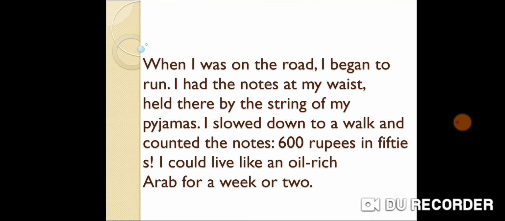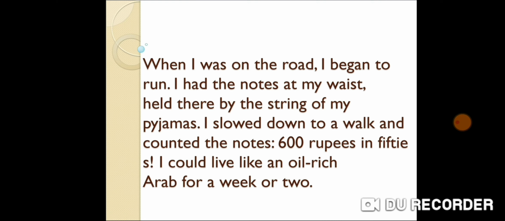Now the thief was on the road. He ran, and the bundle of money he had bound with the string of his pyjama. Then after some distance, he slowed down and he started walking. Then he took out the money, he counted it, and all were 50 rupee notes.